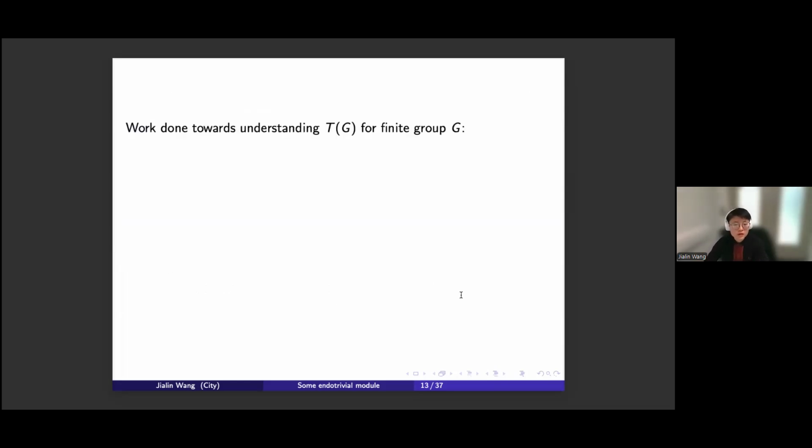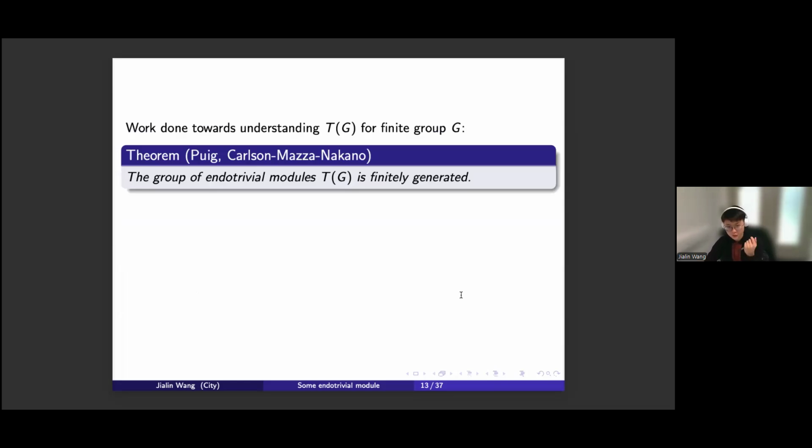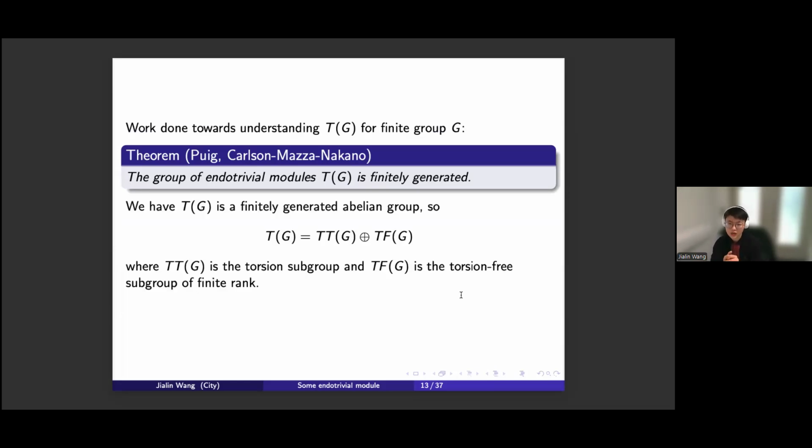Okay. So there is several work done towards understanding TG for a finite group G. Firstly, this is due to Puig and Carlson, Mazza, and Nakano. They showed that TG is finitely generated. So TG is a finitely generated abelian group, so it can be written as a direct product of the torsion subgroup and the torsion-free subgroup. The torsion subgroup is just the elements of finite order, and the torsion-free one can be viewed as the quotient of TG by the torsion subgroup.